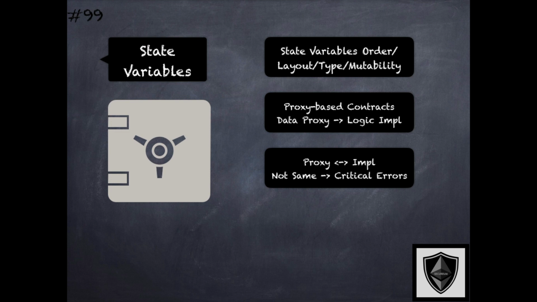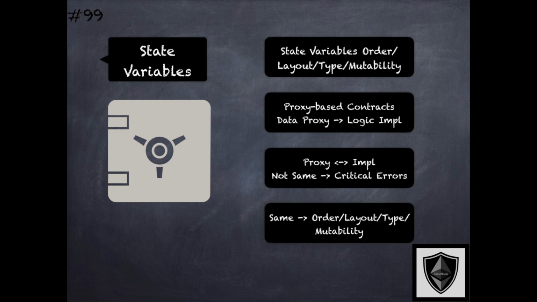These can lead to very critical errors if they are not adhered to. So therefore, the best practice is to make sure that these aspects of state variables are exactly the same in proxy-based setups.